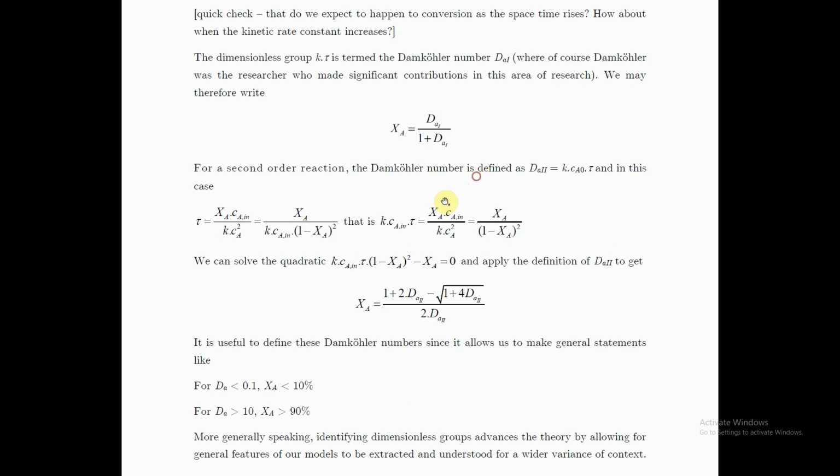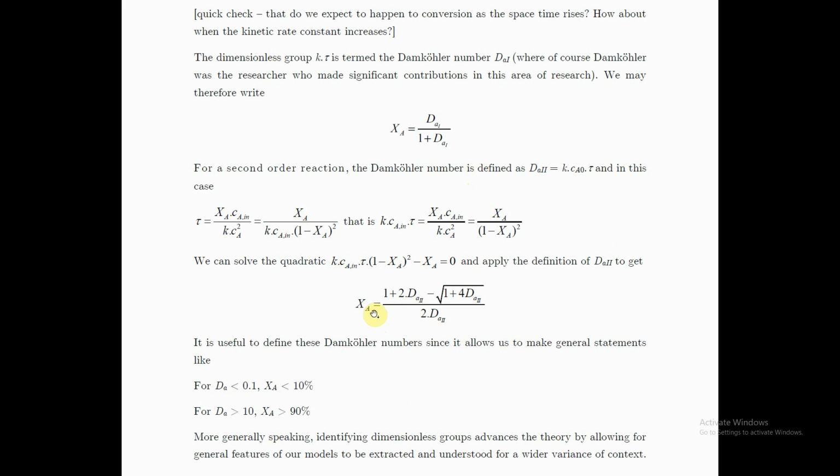And that's shown here, right? So that's what you'll have, and if you solve this equation or rewrite it in terms of XA, you can see this is going to be a quadratic equation.